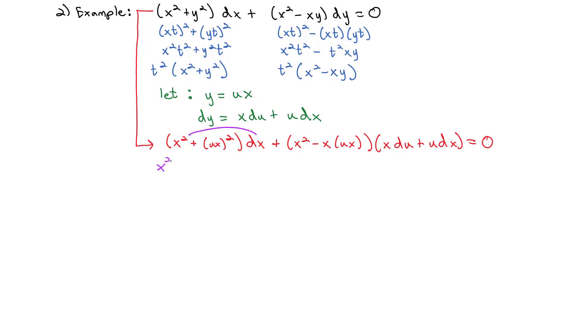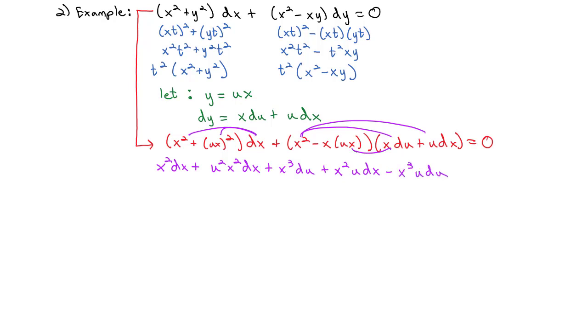So we've got x squared dx plus u squared x squared dx, plus an x cubed du, plus an x squared u dx, minus x cubed u du, minus x squared u squared dx equals 0.